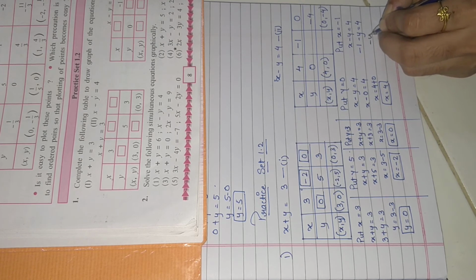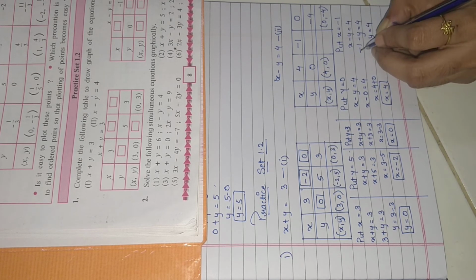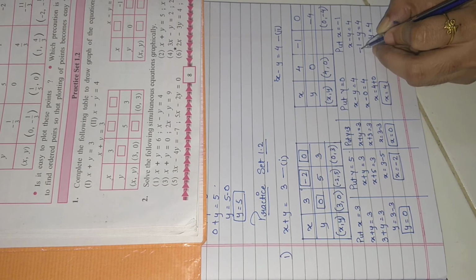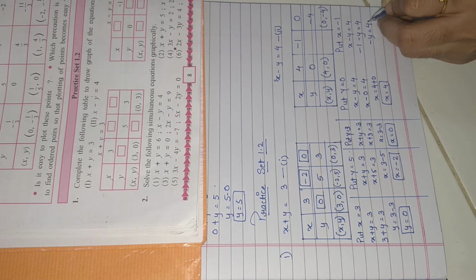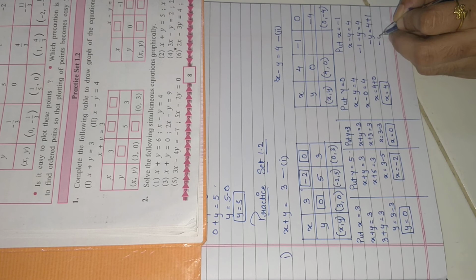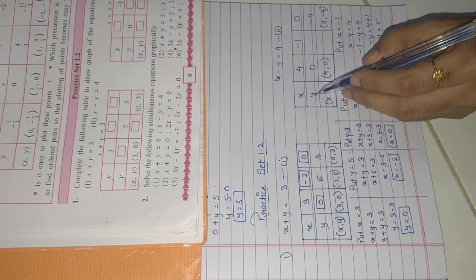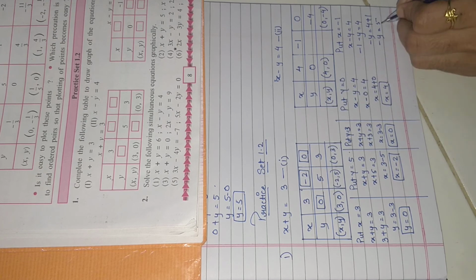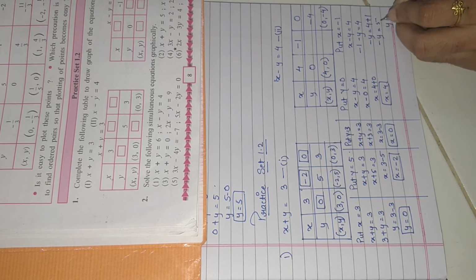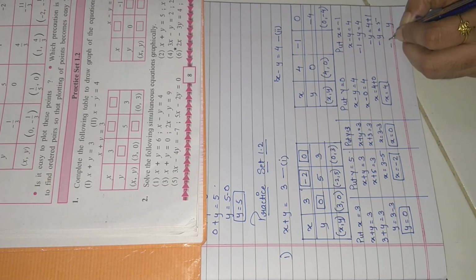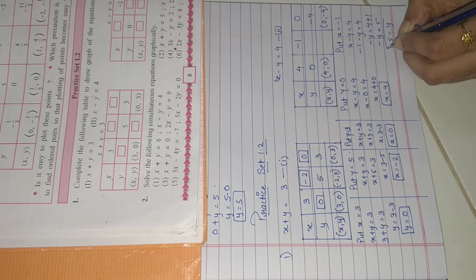Clear? So minus 1 minus y is equal to 4, and the minus 1, when it comes on the right hand side, will be plus 1. So minus y is equal to 5. But we need the value of positive y. We'll exchange their positions. When y comes on this side it will be positive y, and when 5 comes on this side it will be negative, that is minus 5.